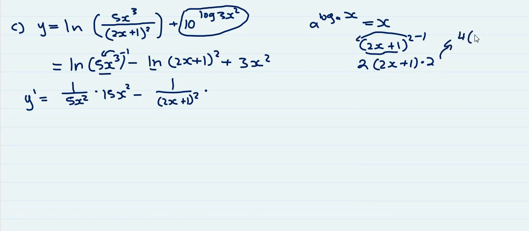Then we get 4 into 2x plus 1, with the multiplier 4 inside, so 6x plus 4 multiplied by 2x plus 1, plus the derivative of 3x squared multiplied by 3 over 6x, or minus 1, which is the power rule, giving 6x over 6x.